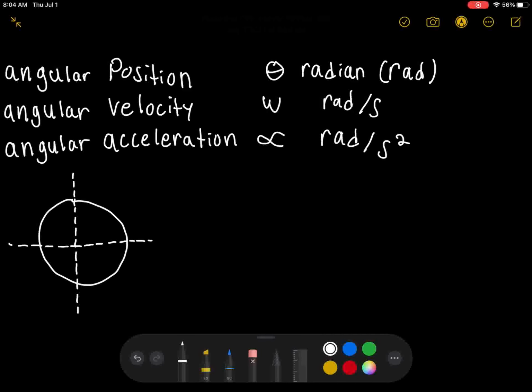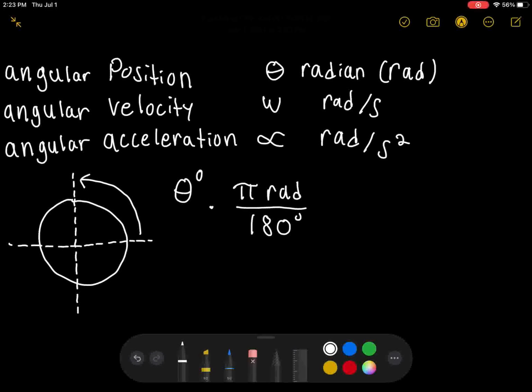If we wanted to talk about the angular position anywhere on this circle that I've drawn here, we would normally think that from one end to the other end, this would be about 90 degrees. However, in radians, we would always use a conversion. If we have theta in terms of degrees, then all we need to do is multiply by pi radians over 180 degrees.